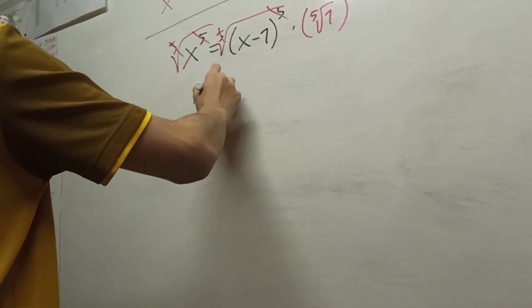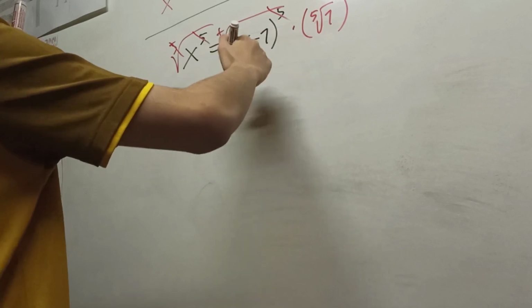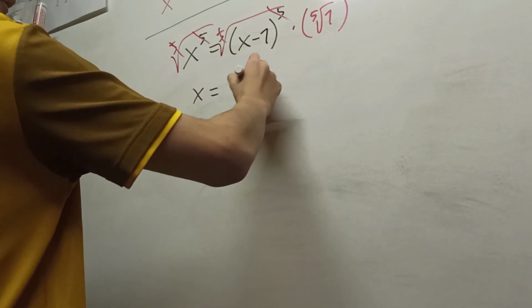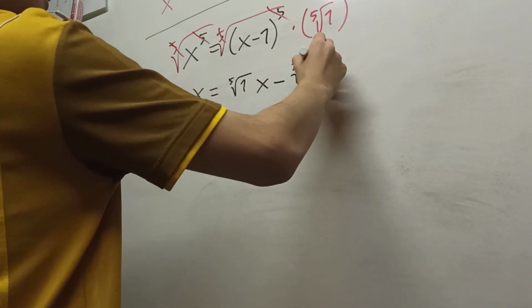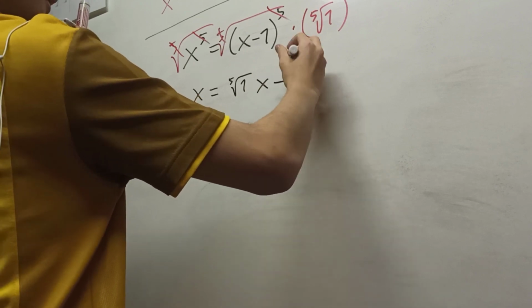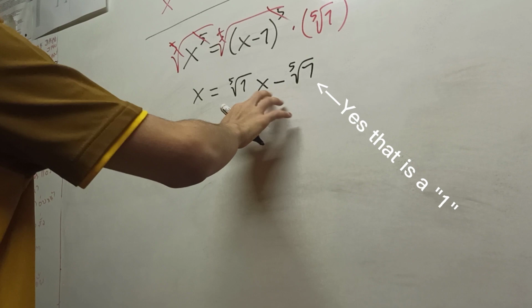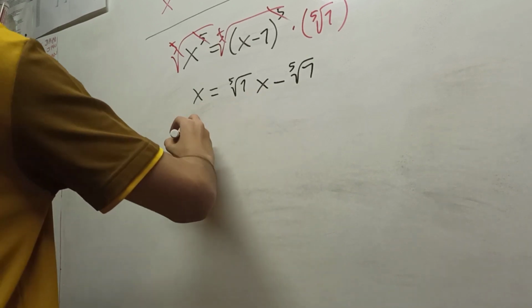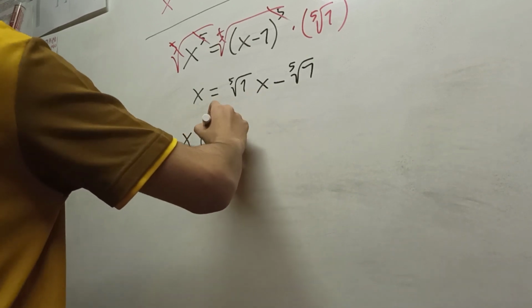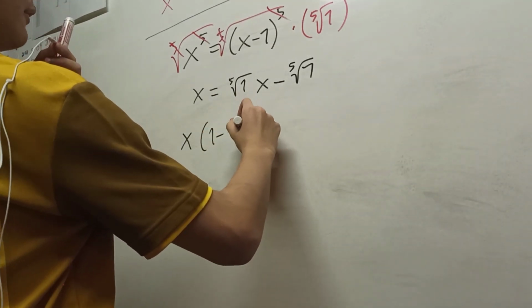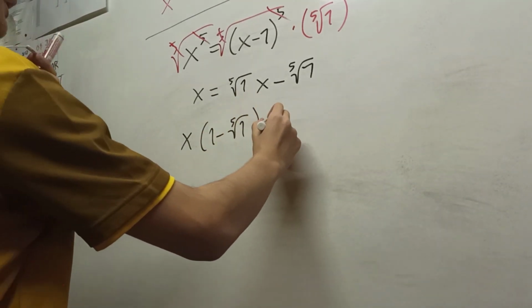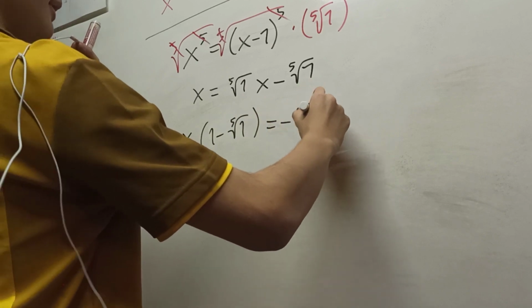So x is equal to, let's distribute this thing in, so we have fifth root of 1 times x, and then minus this thing, which is fifth root of 1. Okay, and now let's move x to the other side and factor x out, so we have x times 1 minus fifth root of 1 is equal to minus fifth root of 1.